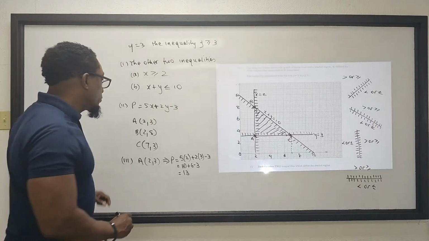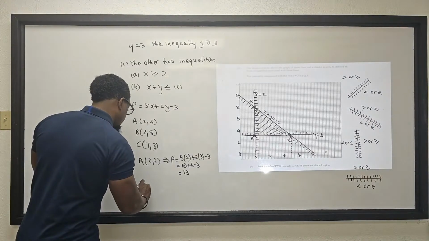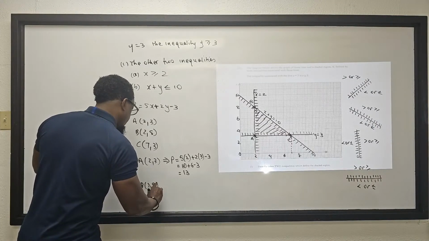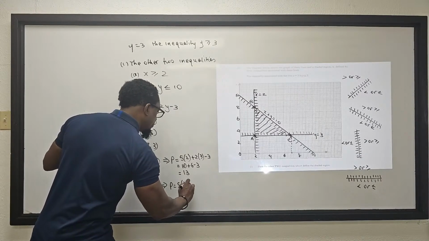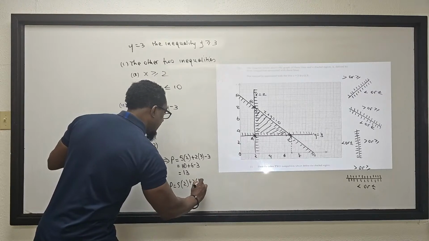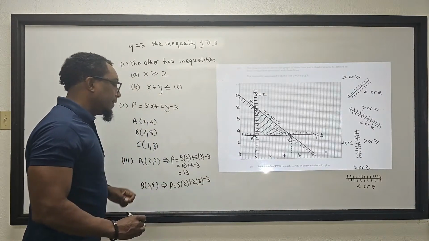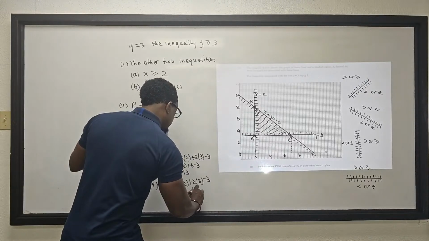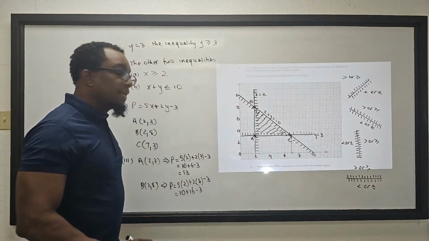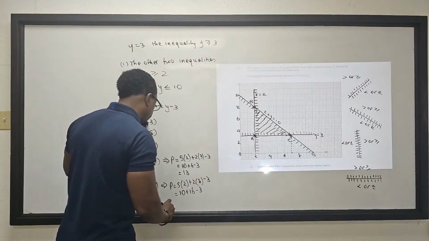And when B is 2, 8, we are going to get P is equal to 5 times 2 plus 2 times 8 minus 3. 5 by 2 is 10, plus 16 minus 3, that is 26 minus 3, which is 23.